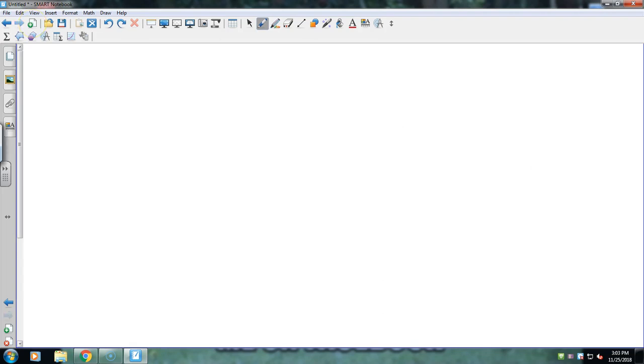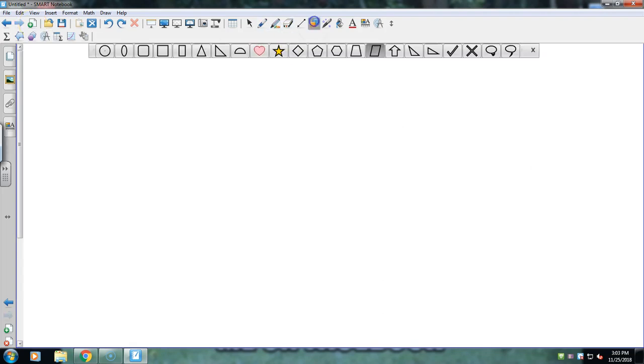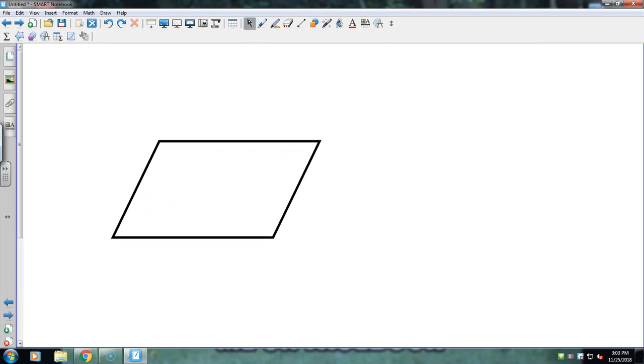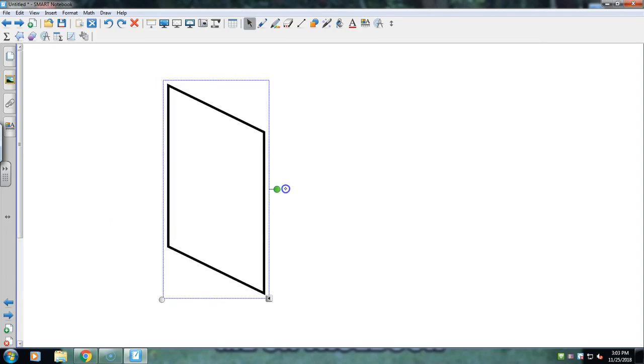So if I had some kind of wild and crazy parallelogram that looked like this. Ooh, I know. There you go, Mr. No, getting all crazy again. And let's say I had some x and y values.